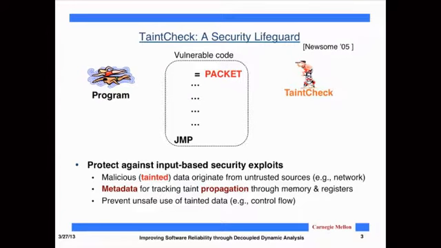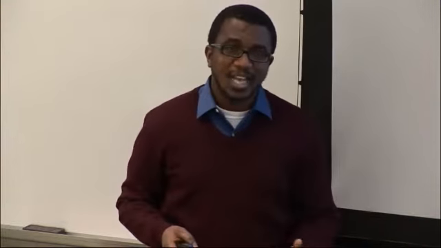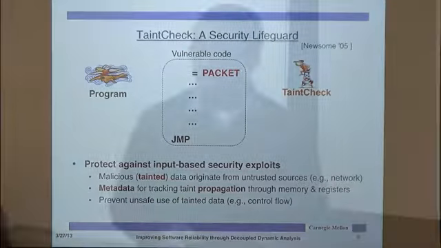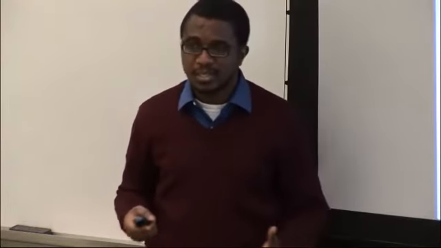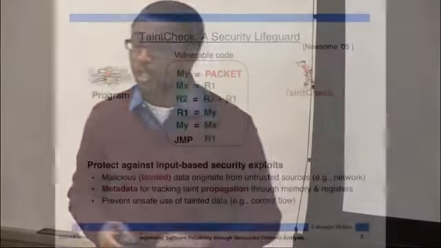I'm going to use TaintCheck, which is a security Lifeguard, to illustrate how Lifeguards work in general. TaintCheck is a Lifeguard that tries to prevent input-based security attacks. These are the kind of attacks that would come in perhaps through a network packet, as we have here in this piece of code, and that attempt to take control of your program. Let me just fill out the rest of this vulnerable code.